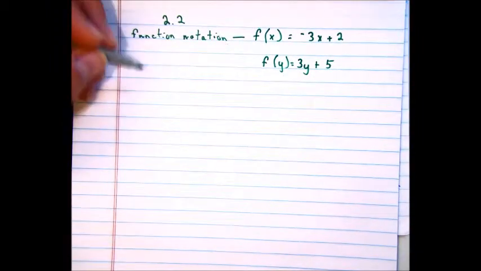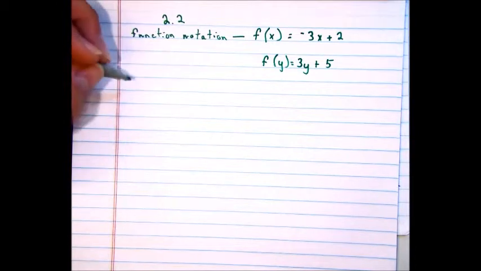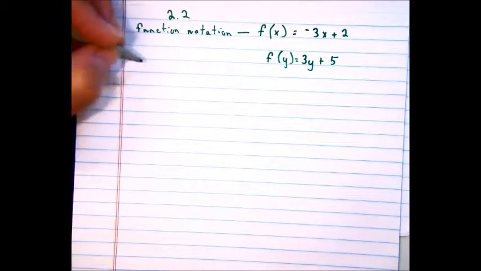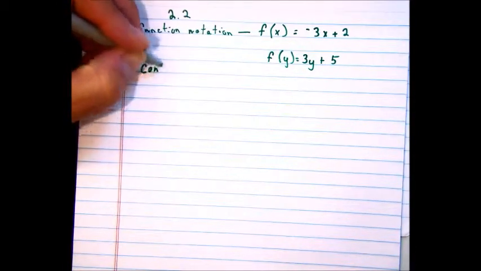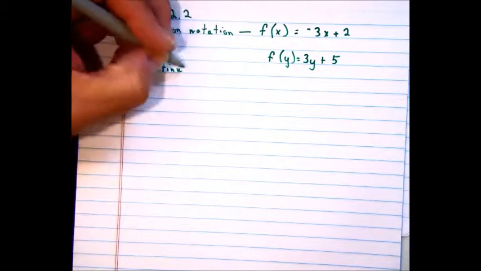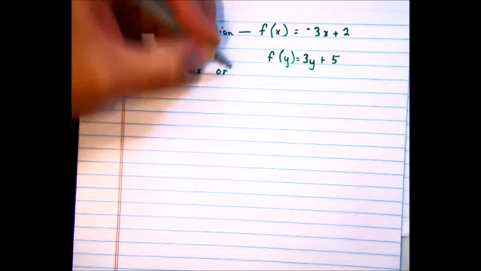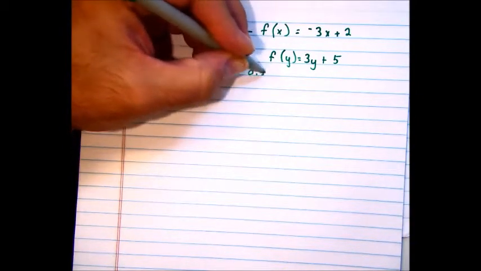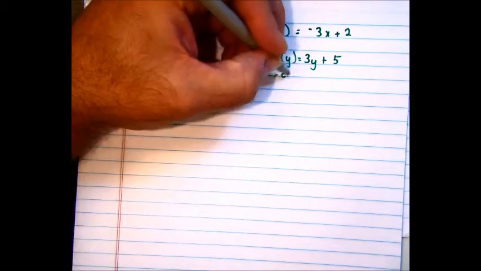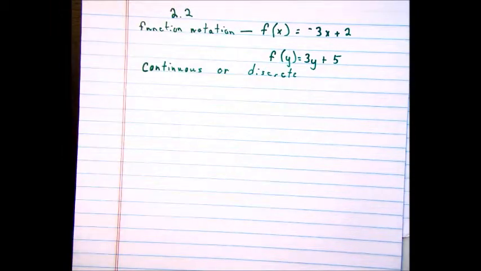Okay. Two of the other concepts we're supposed to know is a graph continuous or discrete? And what is a continuous graph? Correct. A continuous graph is something that can have pieces.